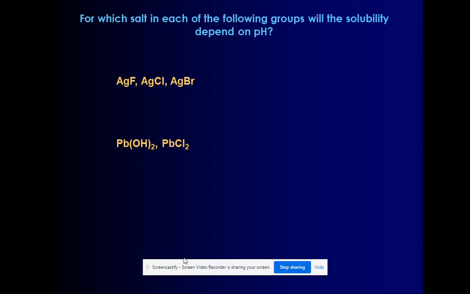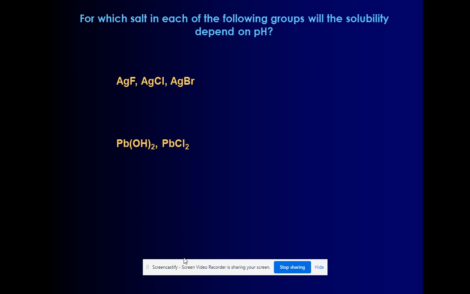So we're looking for solids that have conjugate acids or conjugate bases making up their solid, or in the case of a strong base, have hydroxide present, because all of those are ions that would be influenced by the pH of a solution.